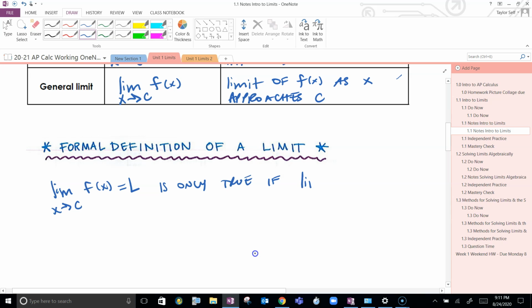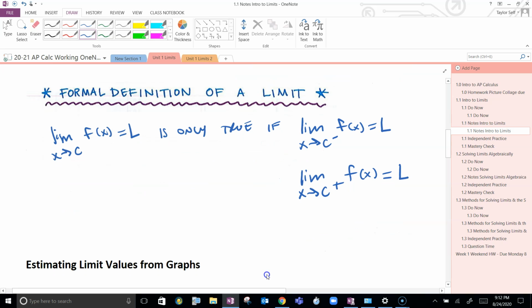The limit as x approaches c from the left of f of x equals L, and the limit as x approaches c from the right of f of x is also L. So if you wanted to write it out, this limit is only true if we have the same limit.